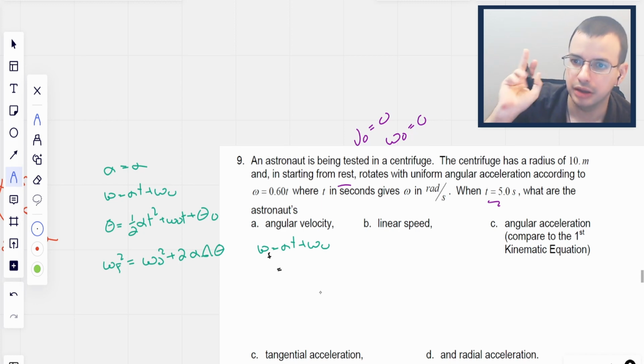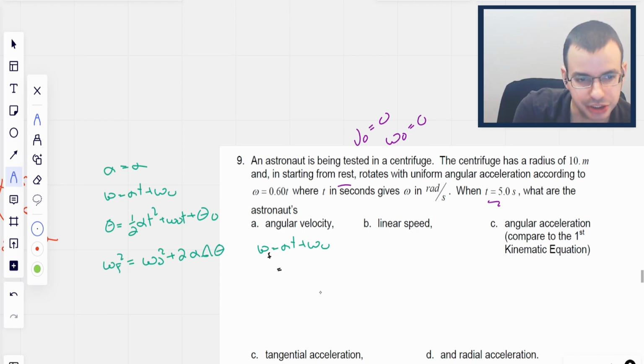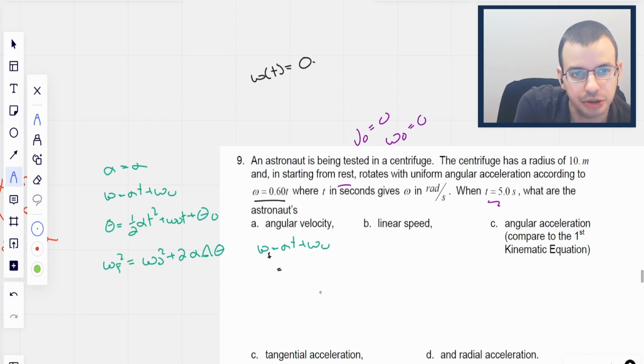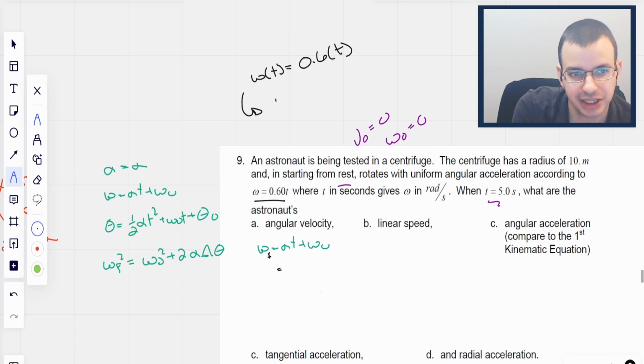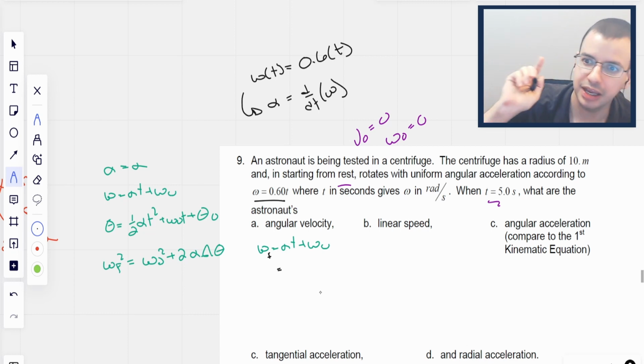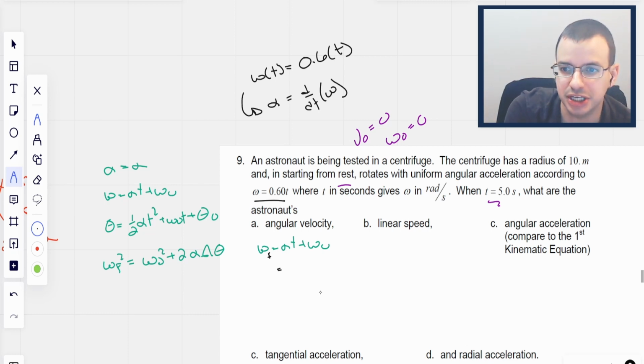So, okay, game face, focus, a couple ways of doing this. They say omega as a function of t equals 0.6 times t. One thing you can do with this, now we could just skip to the end and totally fair, is we could say that alpha is the derivative with respect to time of omega. The angular acceleration is the derivative with respect to time of the angular speed.